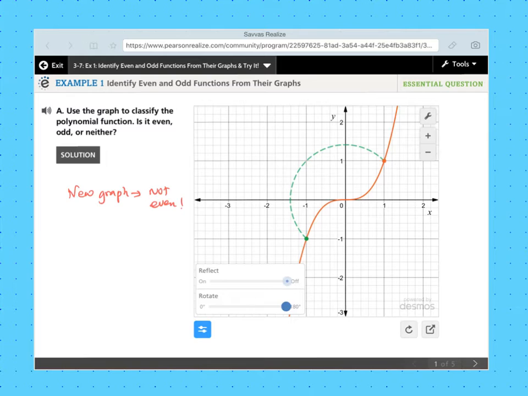What happens there? It becomes the same graph. Which means when I rotate around the origin, I become the same graph, and that means my f of negative x, I'll use a different color this time, f of negative x would equal negative f of x. Therefore, the new graph is odd.